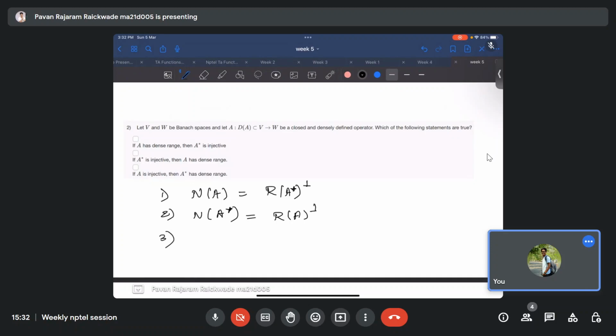Then null space of A perp contains range A star closure. The fourth one says null space of A star perp is equal to range A closure. Okay, so we'll try to see what was very clear with these properties and these options.